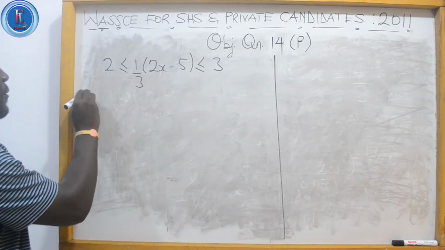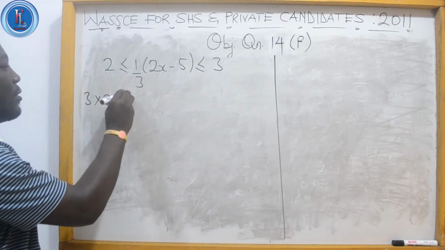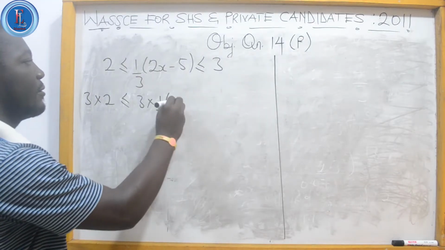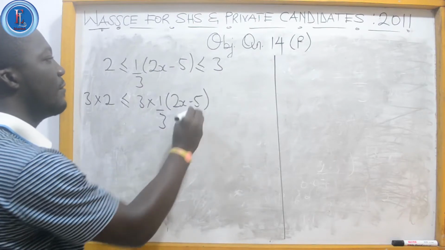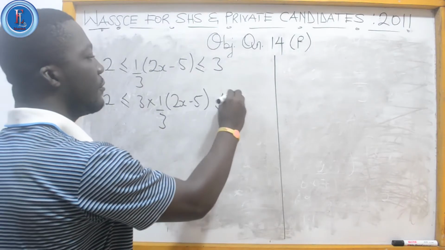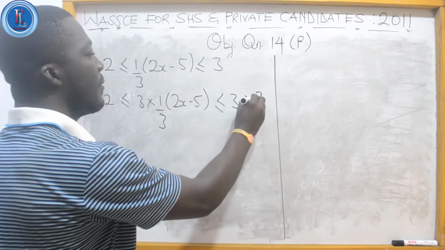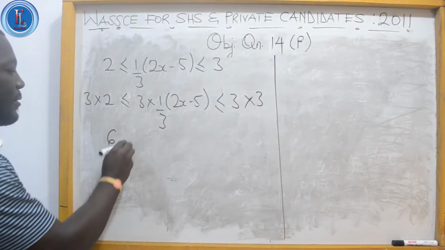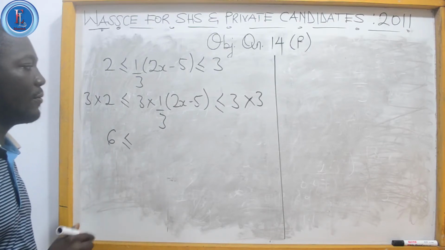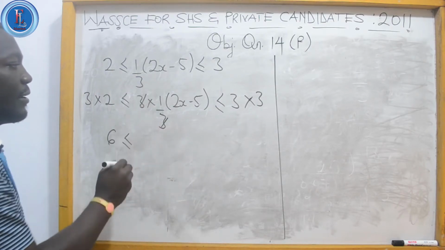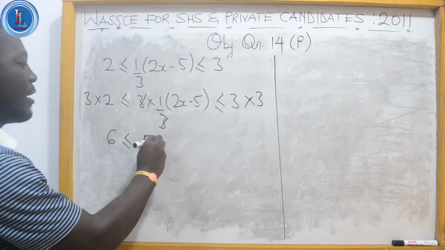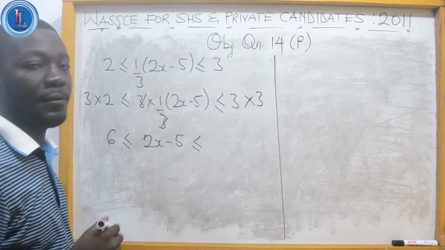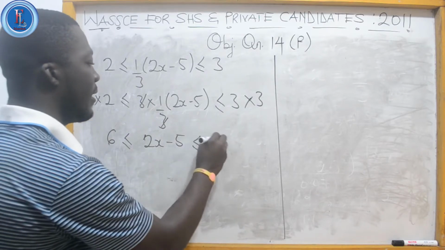So first of all, 3 times 2 less or equal to 3 times 1/3 into bracket 2x minus 5 less or equal to 3 times 3. 3 times 2 is 6, so less or equal to, 3 will cancel 3. Then we have 2x minus 5 less or equal to 3 times 3 is 9.